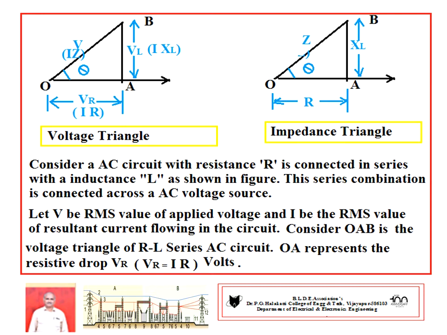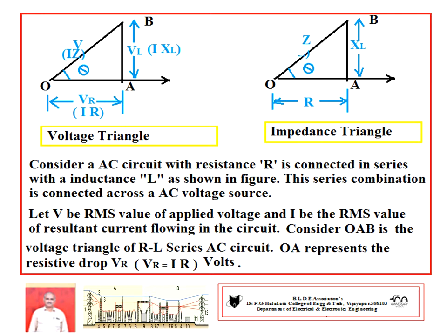The vector sum of drops VR and VL gives the applied voltage capital V. In similar fashion, the vector sum of resistance and inductive reactance gives the impedance, where theta is the phase angle. So if a derivation is asked in the examination, you have to draw all three: the electric circuit, the voltage triangle and the impedance triangle. After that, you start.